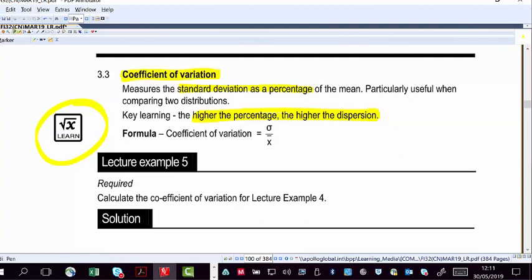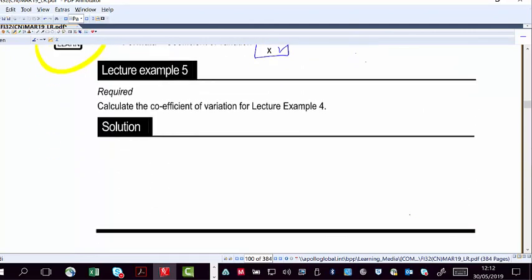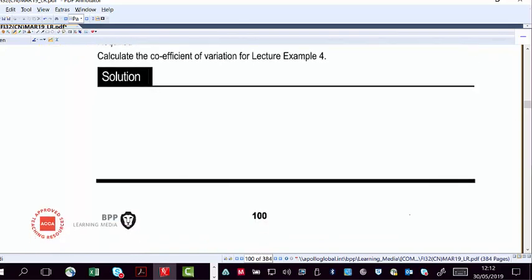To understand what it means, we said it's the standard deviation as a percentage of the mean. So as the formula, we take the standard deviation on the top, our sigma, and then we put the mean on the bottom.